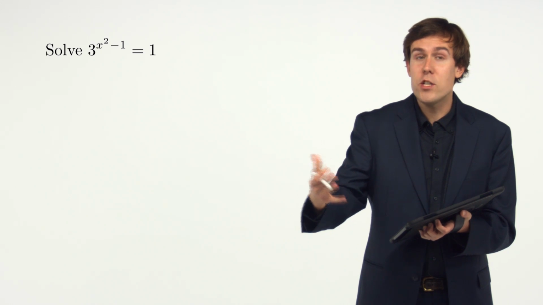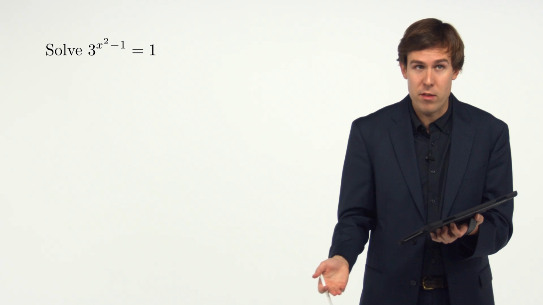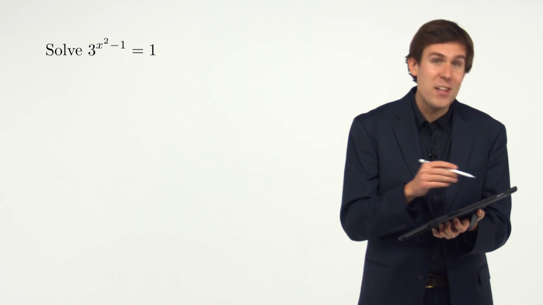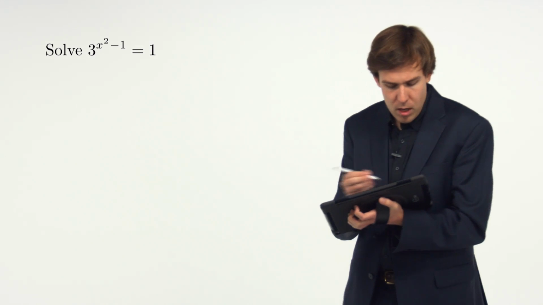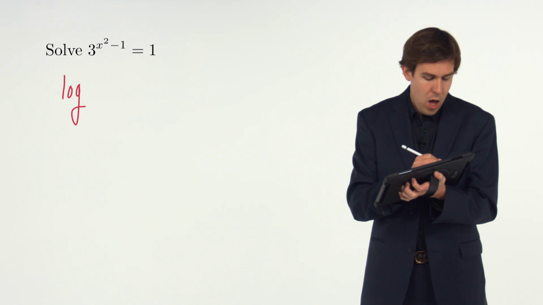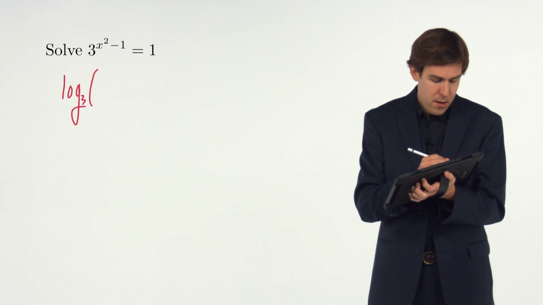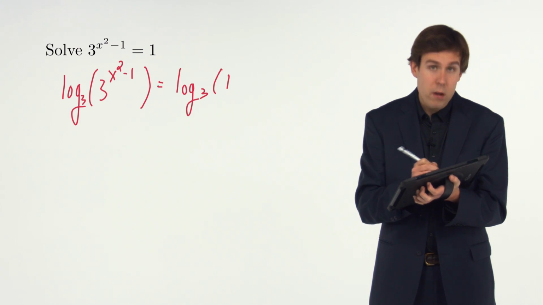So to solve this equation, what I'm going to do is hit both sides with an appropriately chosen logarithm. My exponential is 3, so I'll hit it with log base 3. So let's take a look here. So I'll say this is log base 3 of 3 to the x squared minus 1 equals log base 3 of 1.